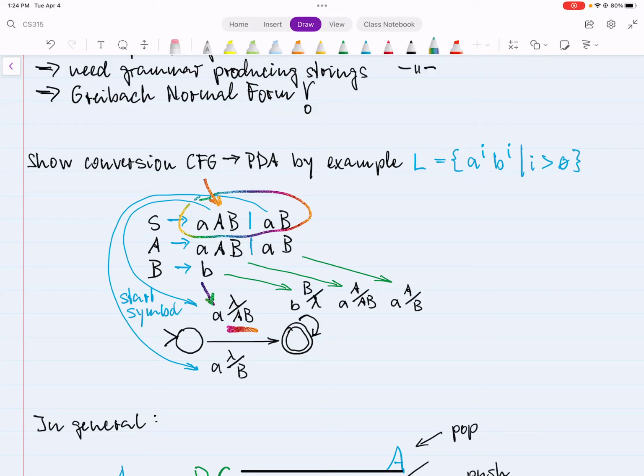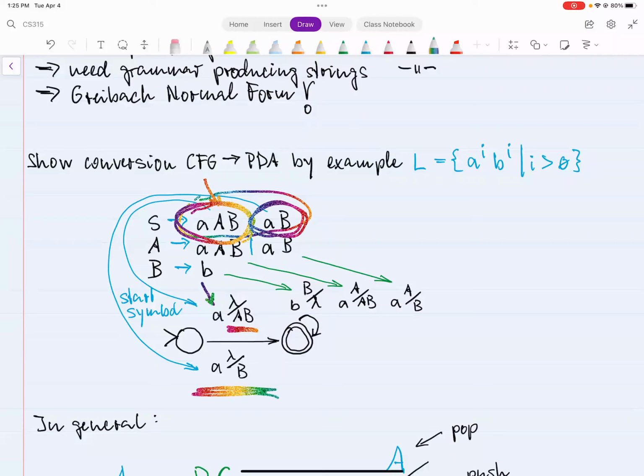Okay. So if we go this rule, we eat away an a, we don't produce it, we eat away an a, and we need to keep track of the work that still needs to be done, cap A, cap B, so we put it on the stack. Okay. So similarly, this one here, a is being eaten away, we put cap B on the stack.